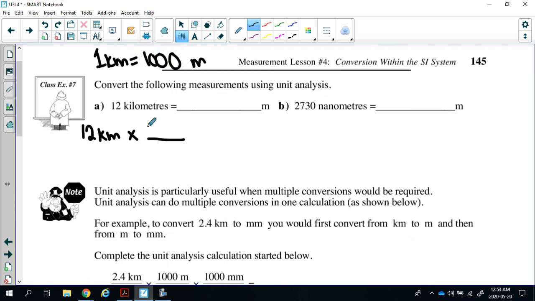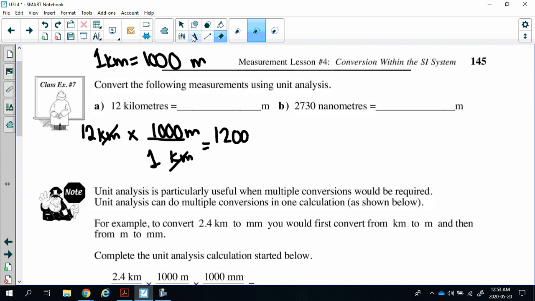So that's our conversion. Now, in this case, because you want to convert to meters, you want to have your kilometers be on the bottom, so you can end up canceling out the unit divided by 1,000 meters. So your kilometers is going to cancel out, and you're left with 12,000 meters.